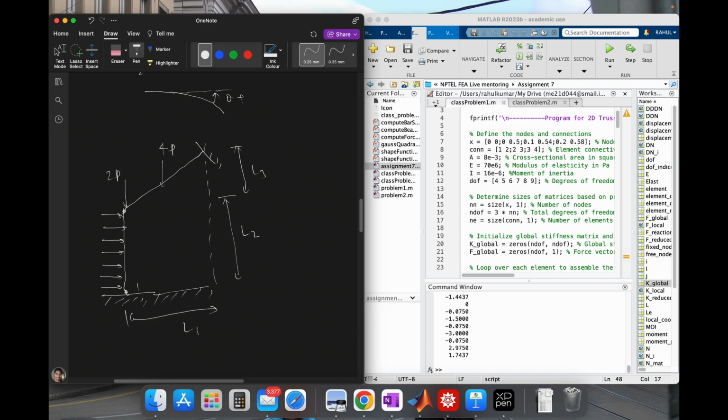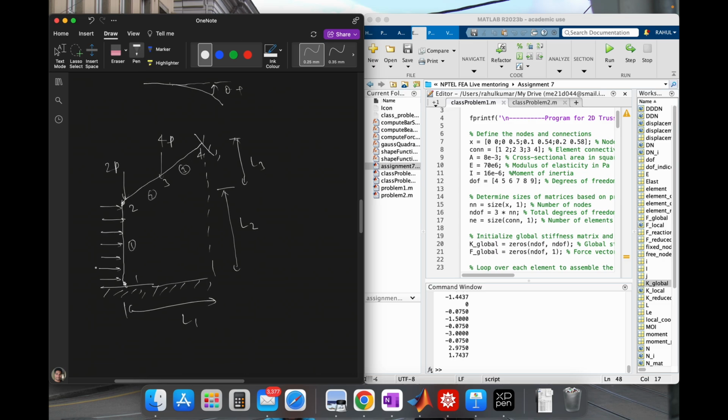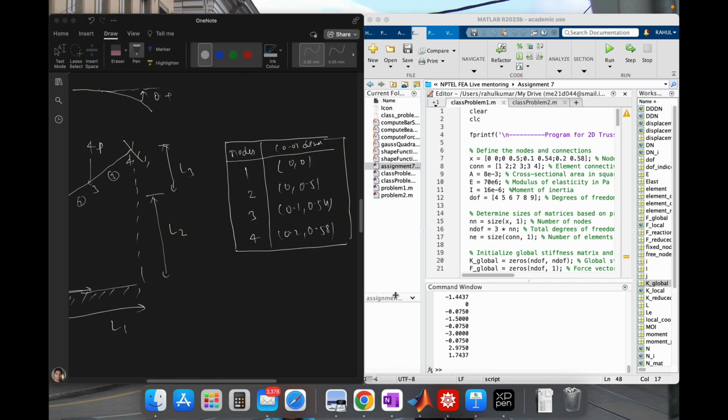This is node 1, node 2, node 3 and node 4, and this is element 1, element 2 and element 3.